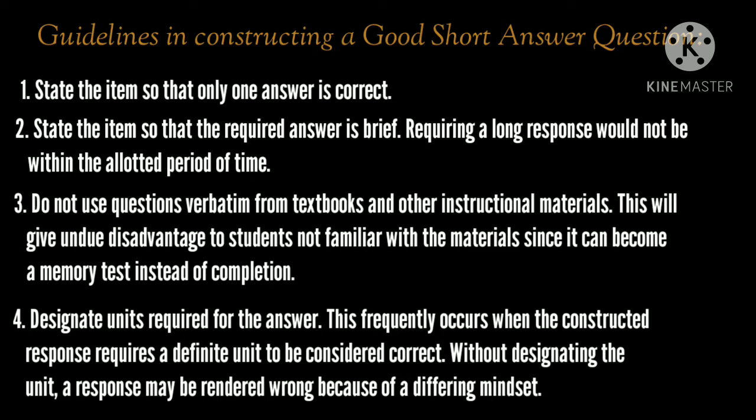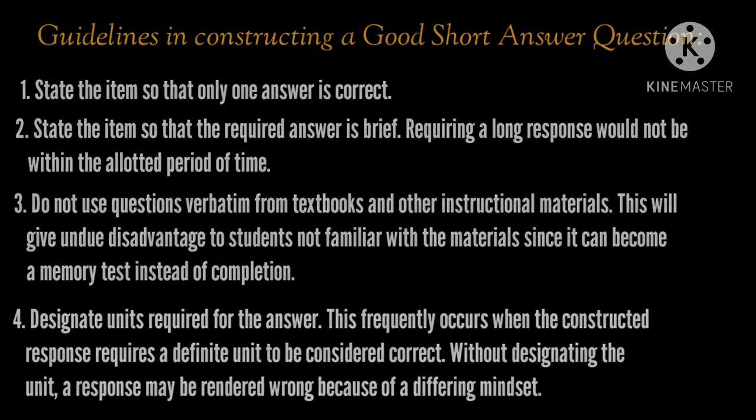Number four, designate units required for the answer. This frequently occurs when the constructed response requires a definite unit to be considered correct. Without designating the unit, a response may be rendered wrong because of a differing mindset.